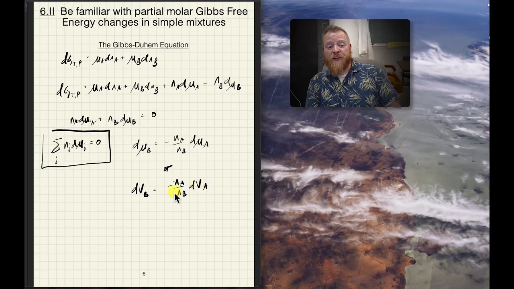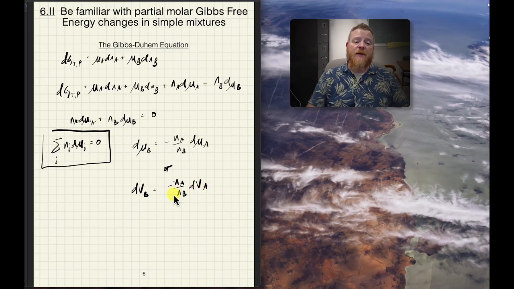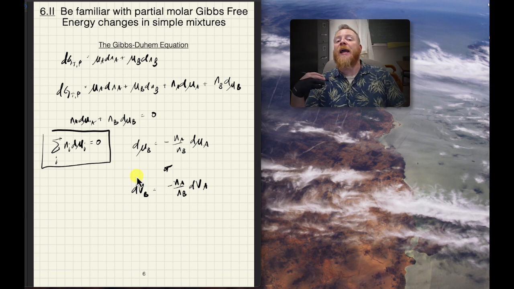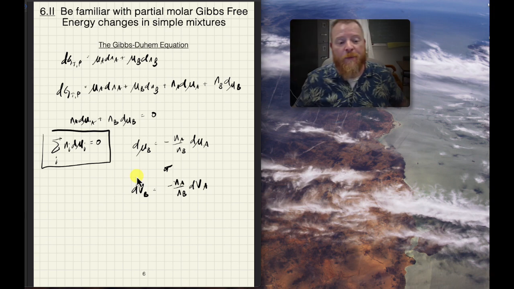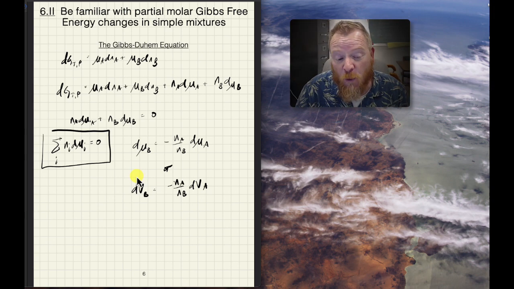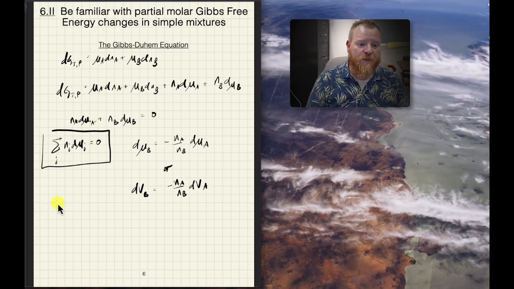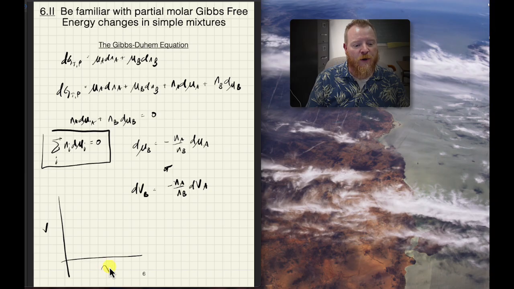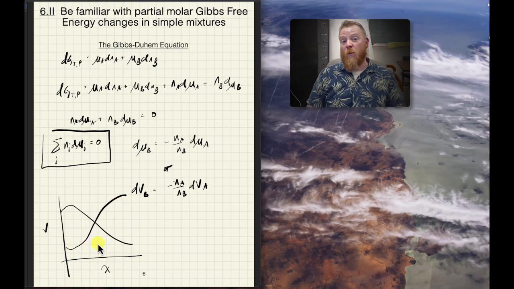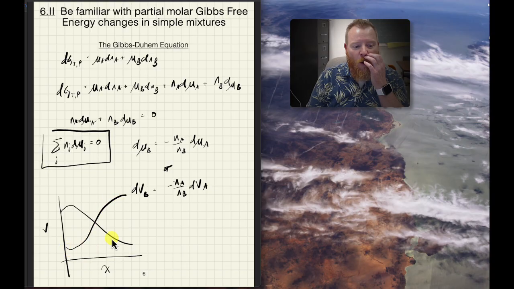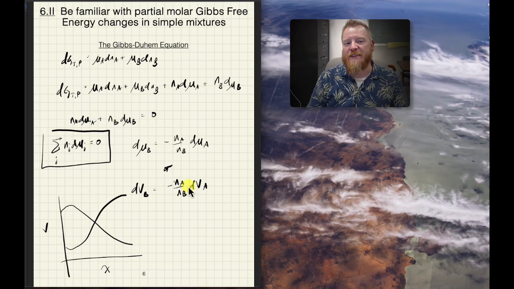So these expressions imply the same thing: we can't change a partial molar quantity without affecting the partial molar quantity of the other species. That's exactly like the graph that was shown with volume versus mole fraction, where when one dips down like this, the other has to dip up in the opposite way. Where one has a positive slope, the other has to have a negative slope, and vice versa.